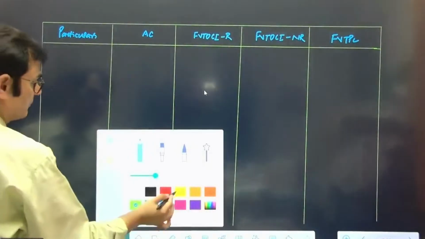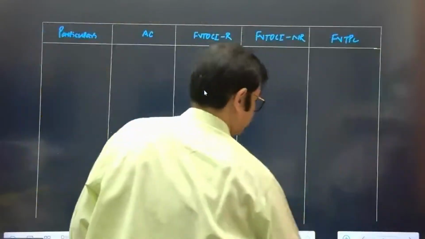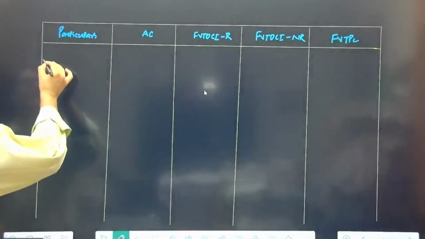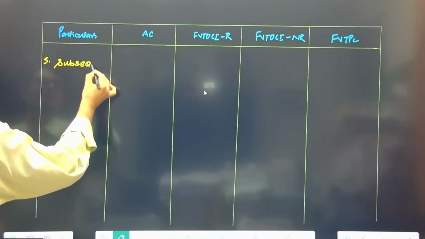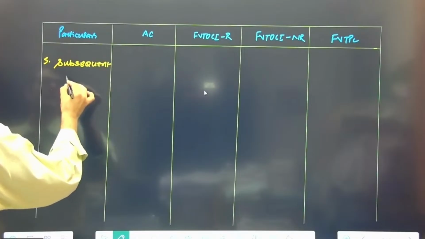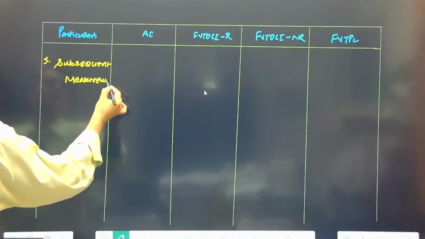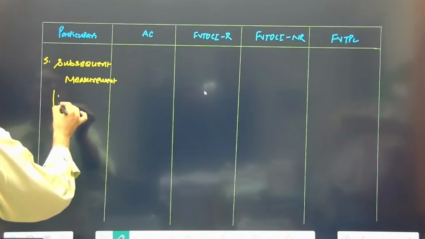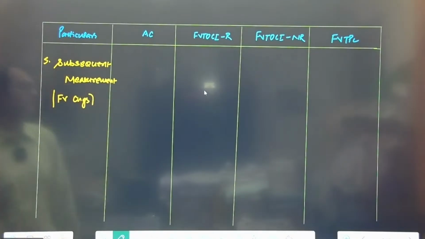And this is, I guess, my item number 5. So next, item number 5, I'm looking at the subsequent measurement. And when I'm looking at the concept of subsequent measurement, my mind is working on the concept of fair value changes to be captured.